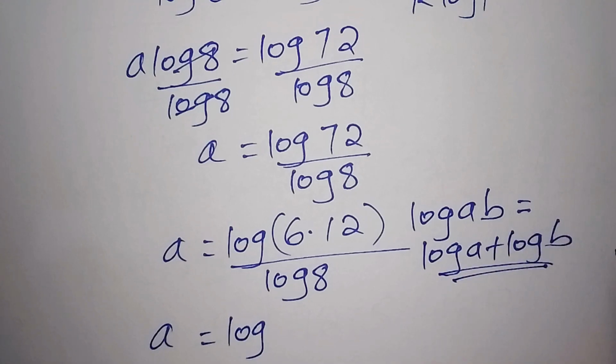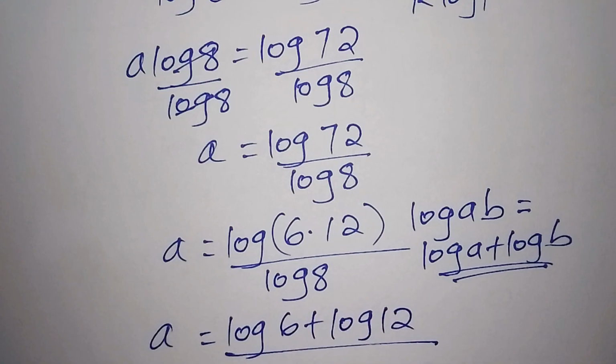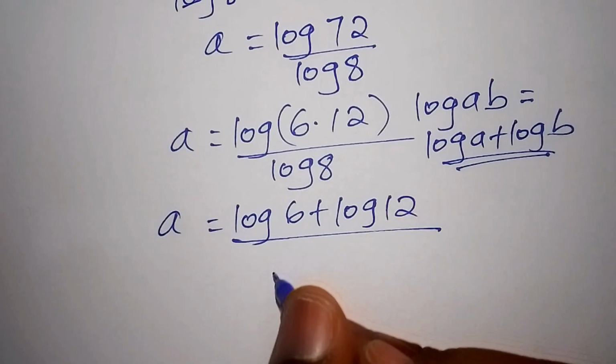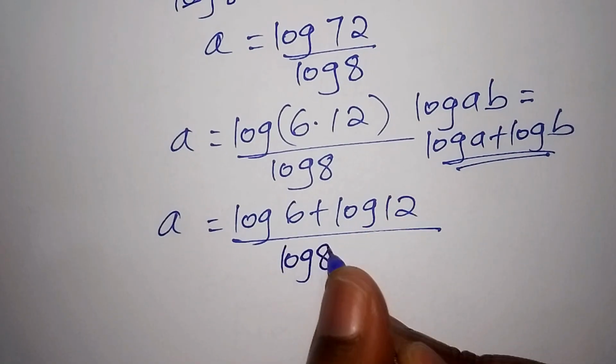So the log of 6 multiplied by 12 is the log of 6 plus the log of 12, all over the log of 8.